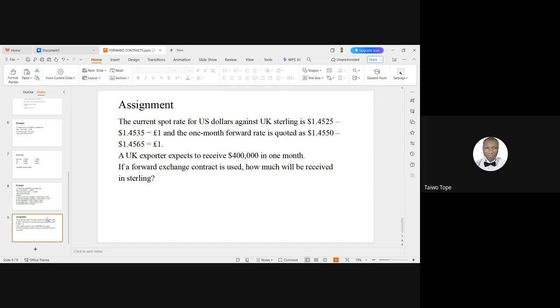A UK exporter expects to receive $400,000 in 1 month. If a forward exchange contract is used, how much will be received in sterling? You can attempt this and just drop your answer, and the solution will be revealed on the YouTube channel. So this is just a bit about the forward contracts.